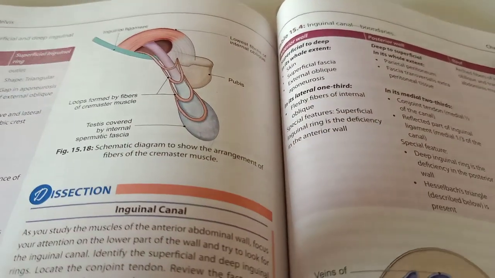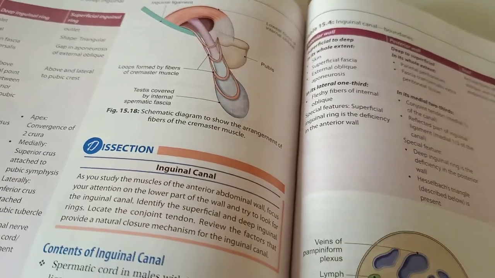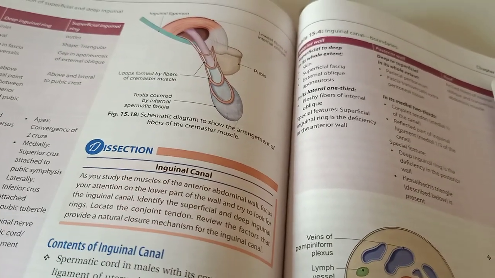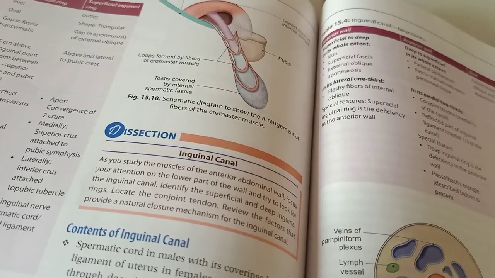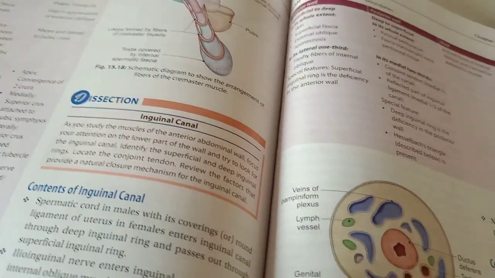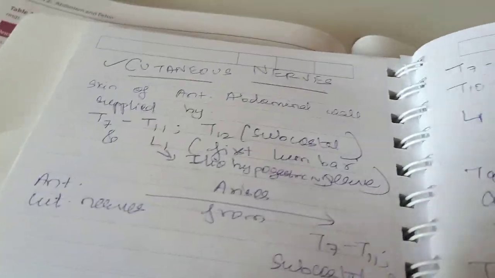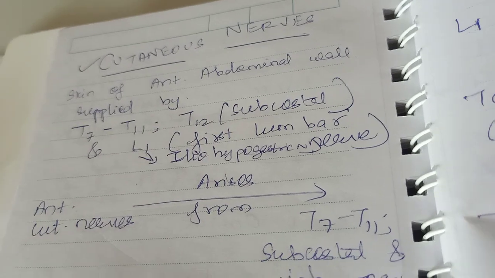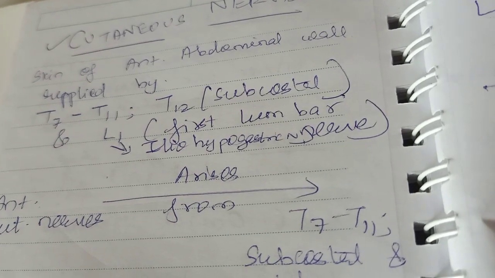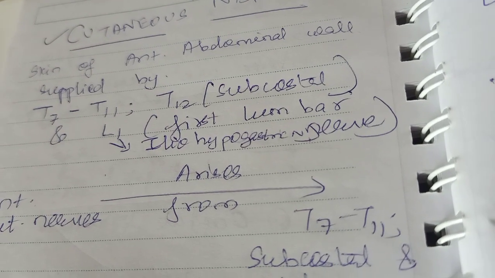So now the next topic would be the cutaneous nerve supply, the nerve supply to the skin of the anterior abdominal wall. This is one important topic which I want you to remember.